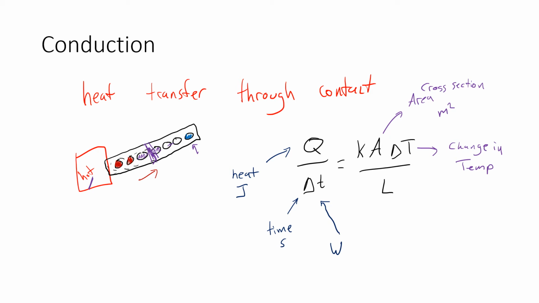So the units for this are going to be in Kelvin, or they're going to be in Celsius. Now, it doesn't matter. The reason why it doesn't matter is because 1 degree Kelvin is the same size as 1 degree Celsius. Remember a little while ago when we converted, you just added a number.